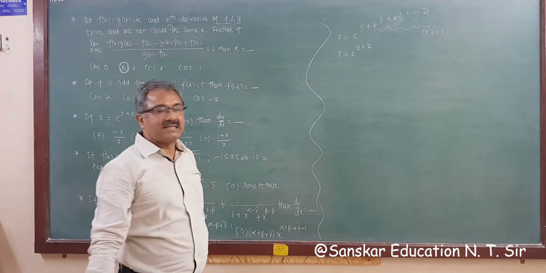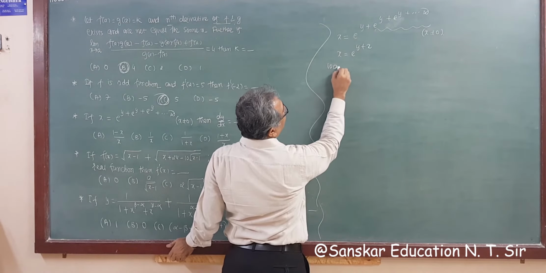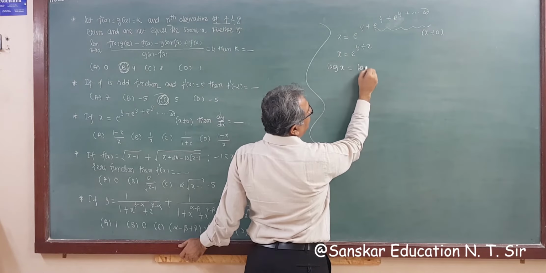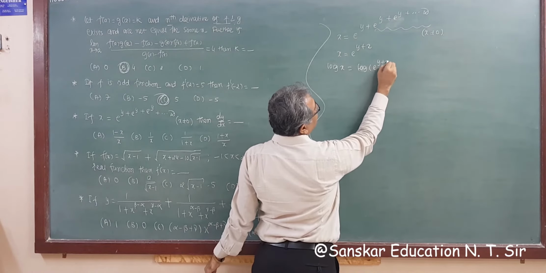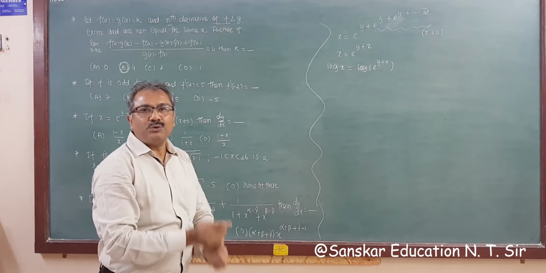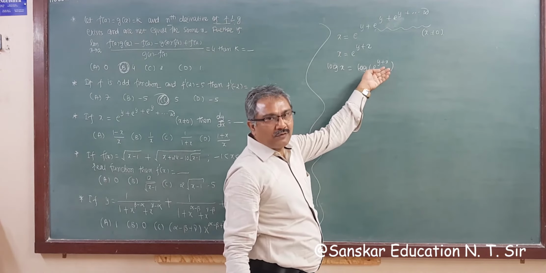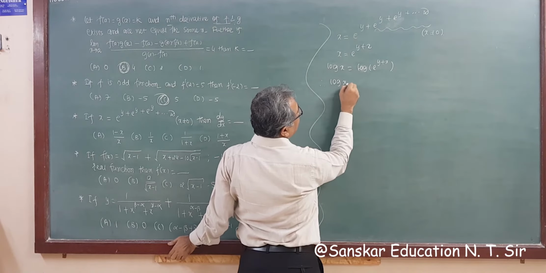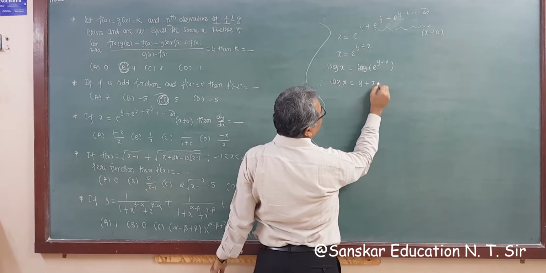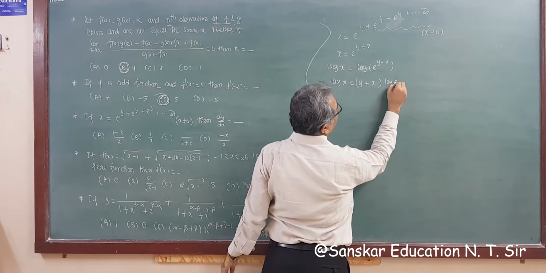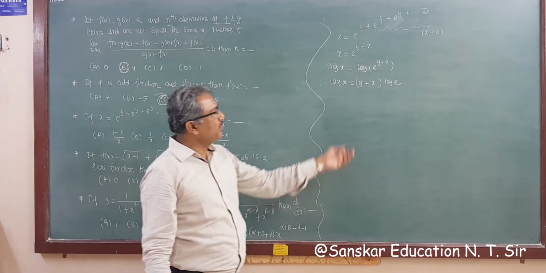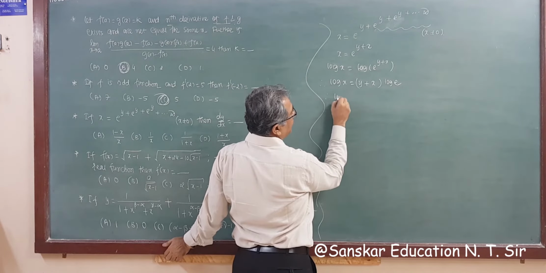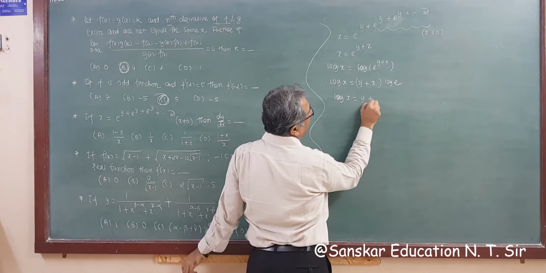Taking log both sides, what do we get? log x is equal to log e^(y+x). Now applying the power rule of log, this power comes in front. So we get log x is equal to (y+x) into log e, and you know log e is 1. So the answer is log x is equal to y plus x.